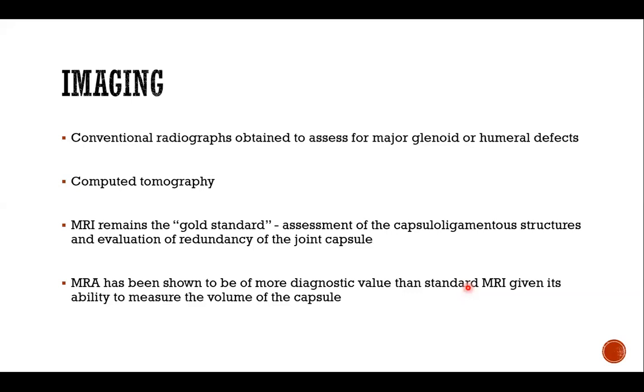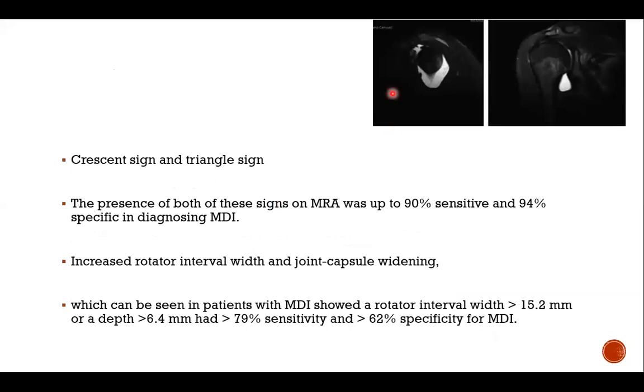Imaging: conventional radiograph to assess for major glenohumeral defects. CT, and MRI remains the gold standard because it is helpful in assessing capsuloligamentous and joint capsule redundancy. MRA is shown to be of more diagnostic value than MRI due to its ability to measure the volume of the capsule. This is the crescent sign and the triangular sign characteristically seen in MRA.